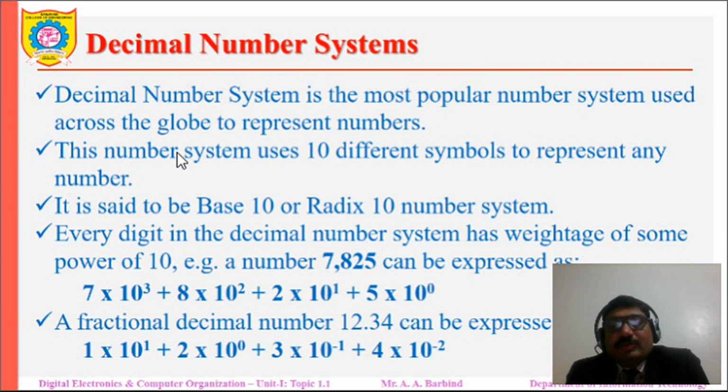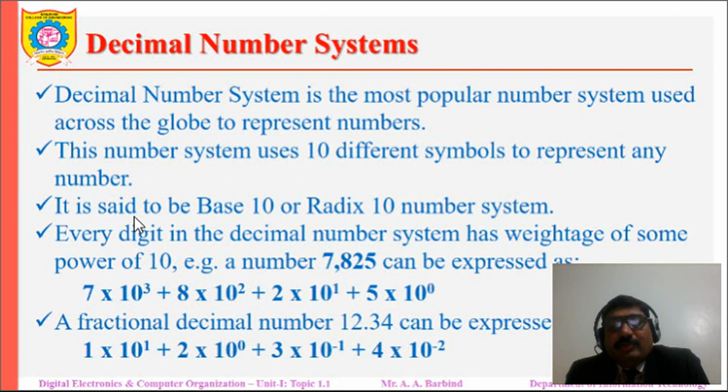The characteristic of the decimal number system is that it uses 10 different symbols to represent any number. So any given number can be represented by 10 different symbols. We know those symbols. These symbols are 0 to 9.